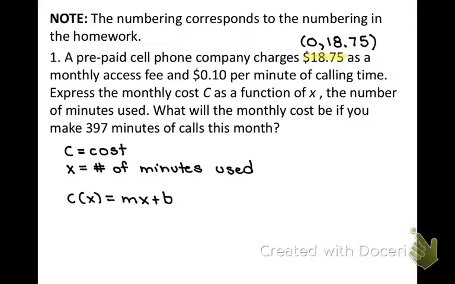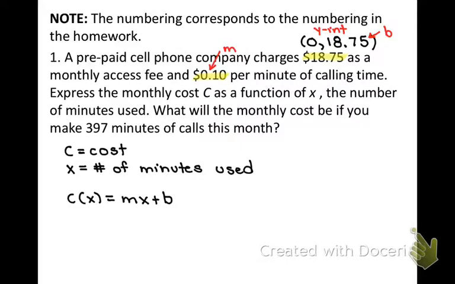So because it's your y-intercept, it actually is telling me that my b value is $18.75. So I've got my y-intercept, I have my b value. I still need my slope though. Now it tells me that for each minute used, the cost increases by 10 cents. This represents my slope. So this 10 cents per minute represents my slope. So this is my m value, my slope.